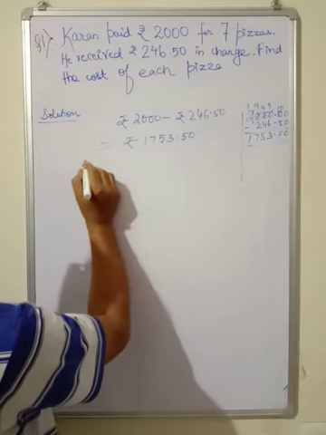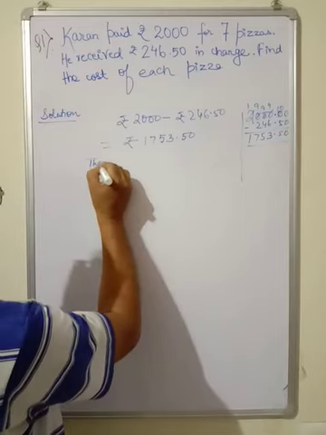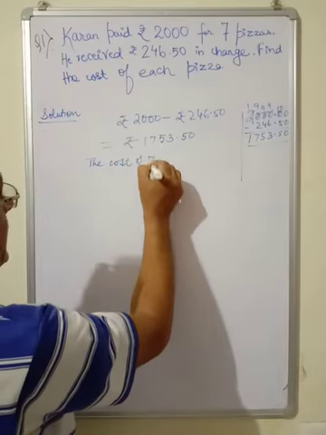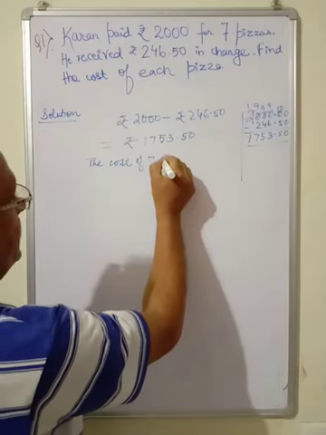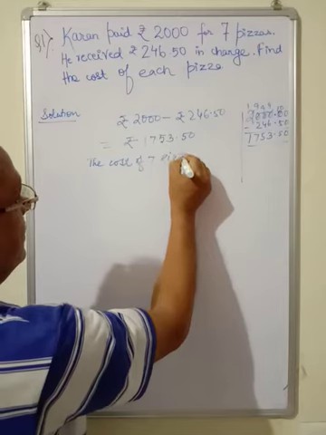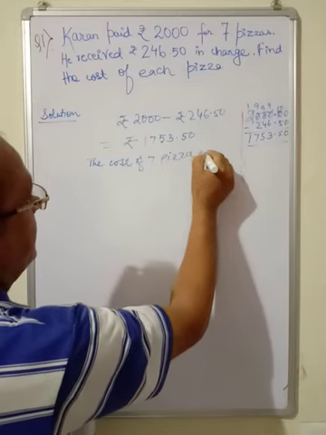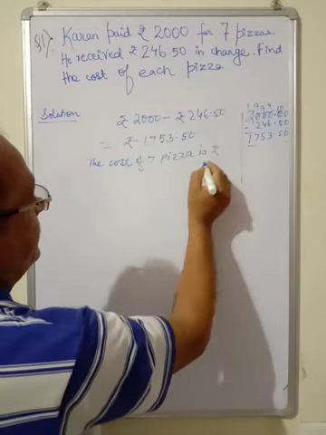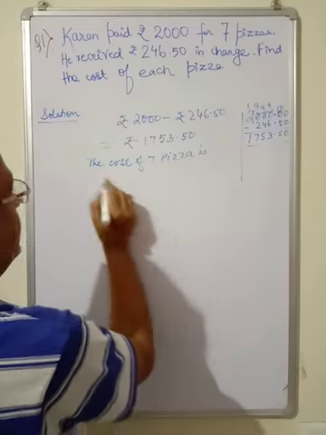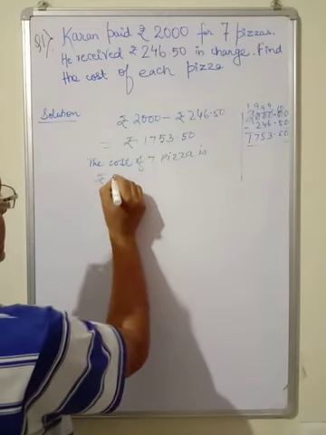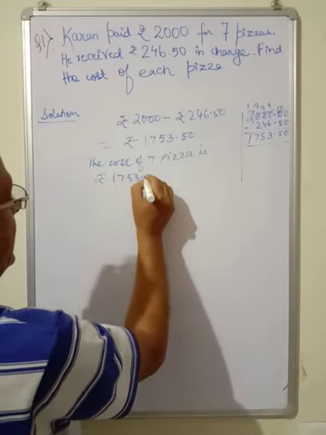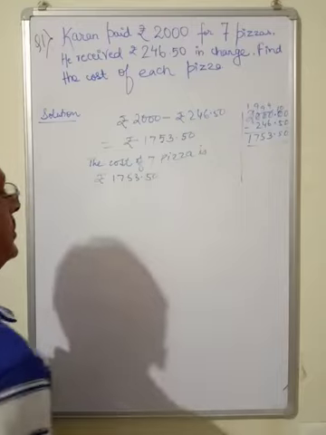So you can write here the cost of 7 pizzas is rupees 1753.50.